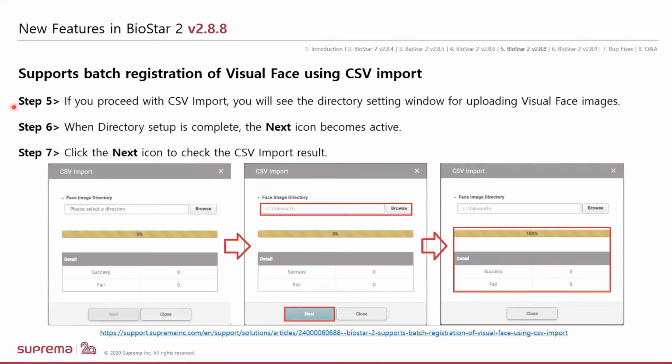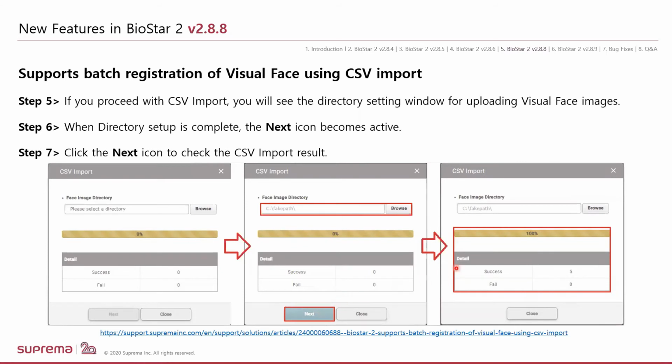Step 5. When the setting of the CSV import pop-up is completed, a window where you can select the location where the visual face image is saved is displayed. When the directory setting is completed, please click the Next icon.